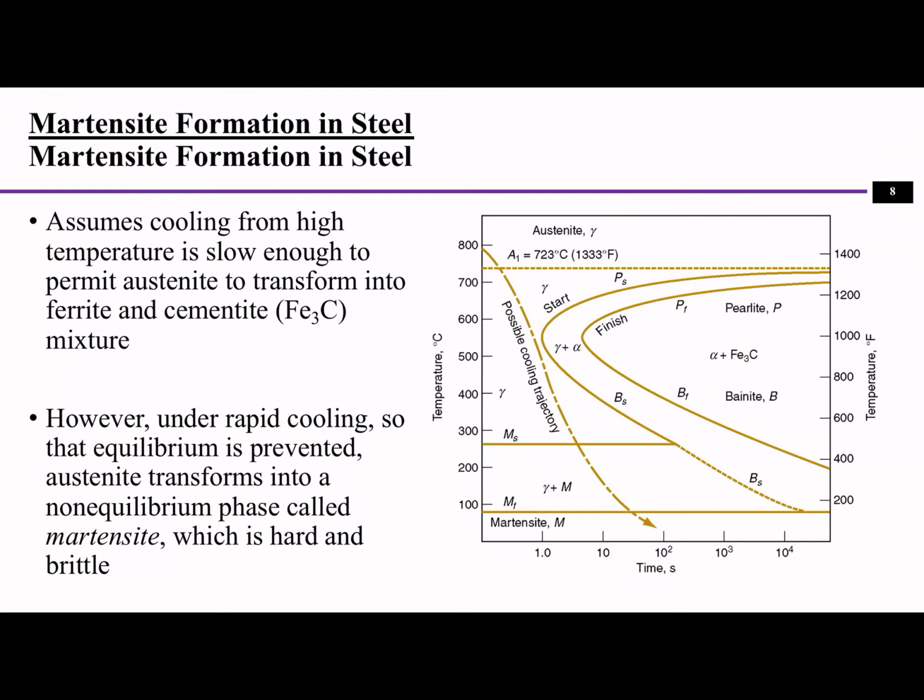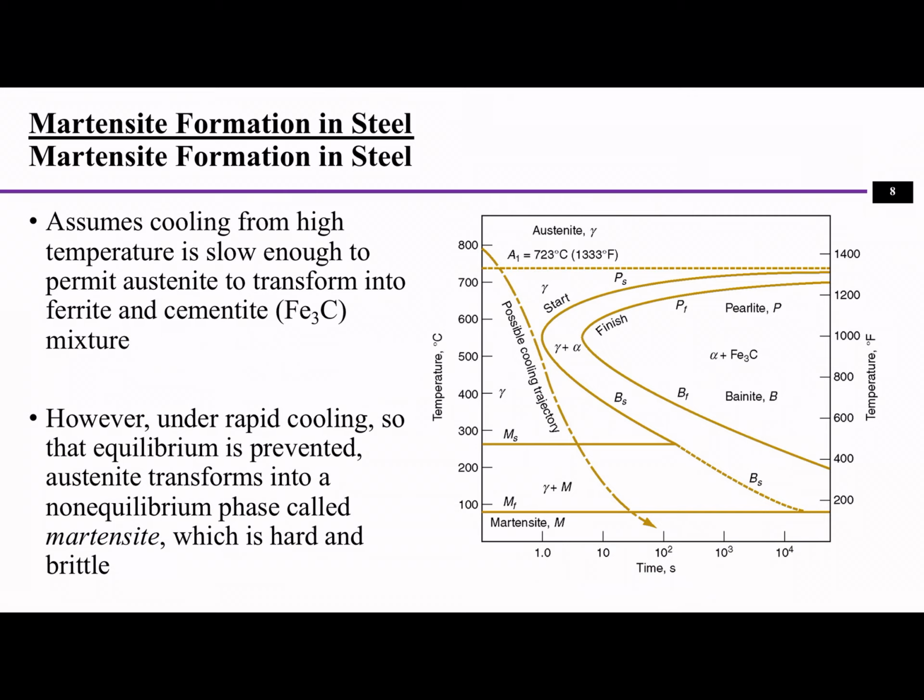Look at this picture. This diagram is a temperature versus time graph. It shows, for a certain steel, what happens to the structure at different phases when you increase or reduce the temperature.